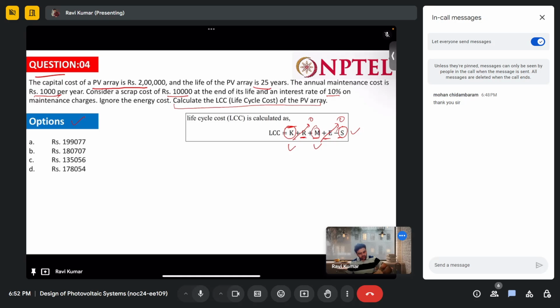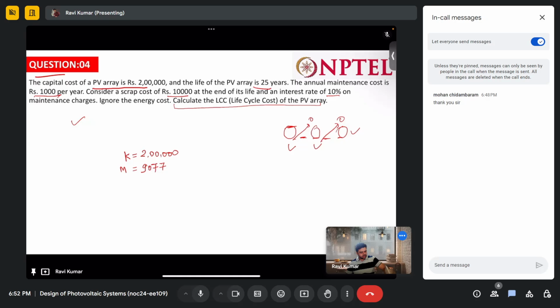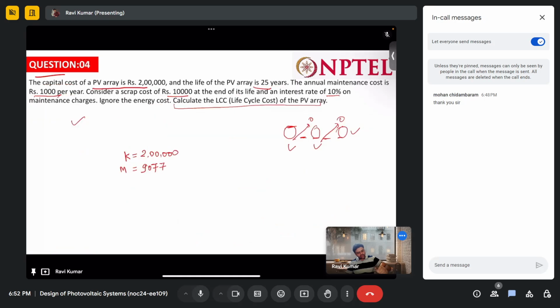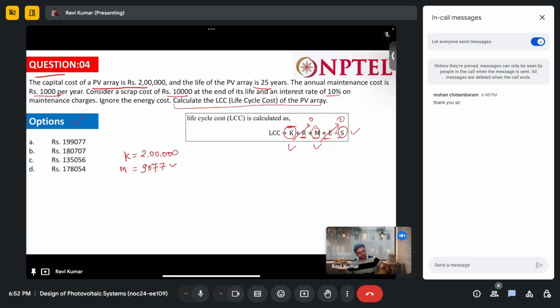Capital cost is 2 lakh because we are putting it today, so it will be 2 lakh only. And maintenance cost, how much did we calculate? 9077. Yes, we have calculated this 9077. Scrap cost is 10,000.